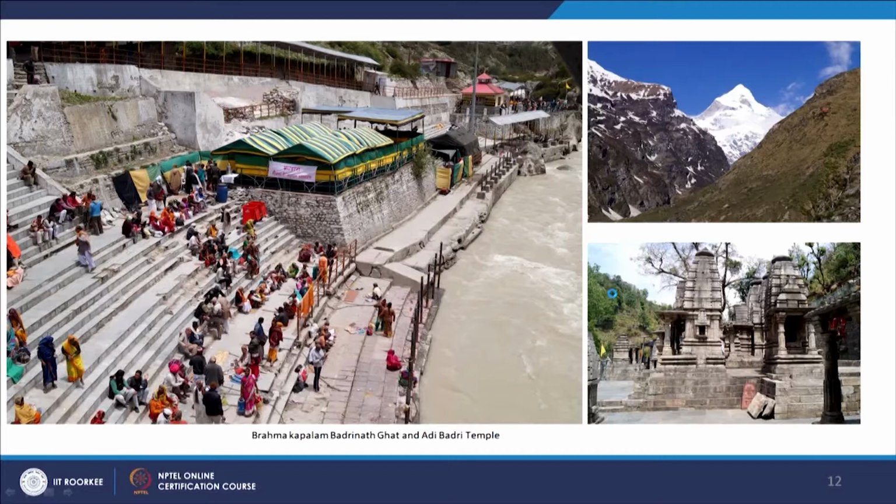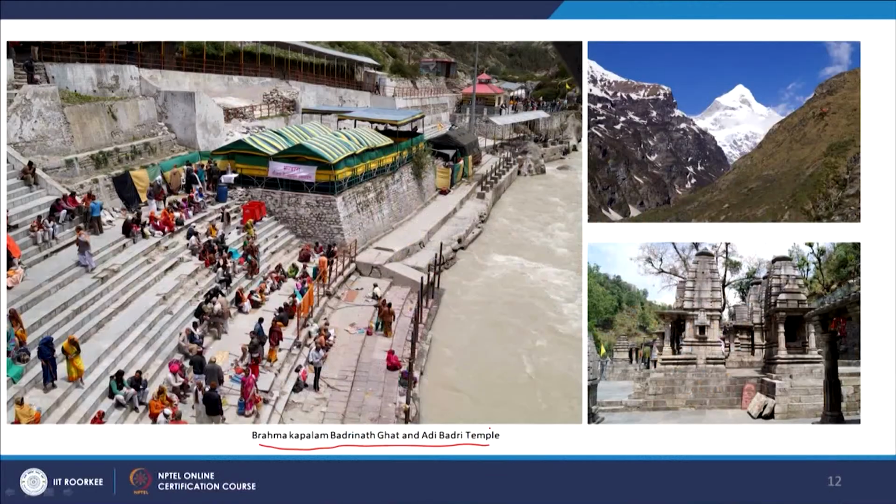Similarly, in Badrinath, on the left-hand side, people travel long distances for the Chardham Yatra, and they make ritualistic offerings to the dead. If someone is dead, they travel such long distances and make offerings at the place they call Kapalam, and they say it will go directly to them, so the souls can rest in peace.